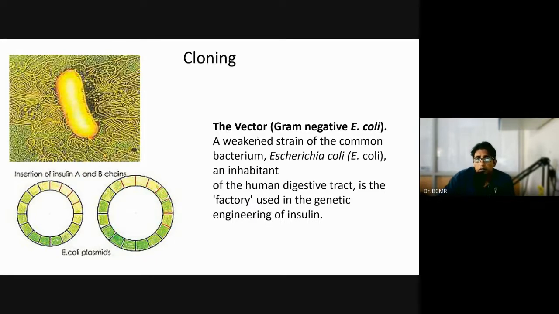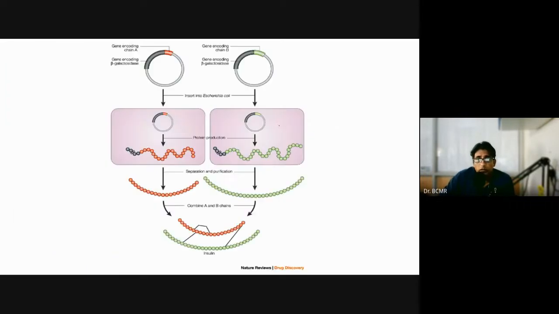Through recombinant DNA technology, we are now in a state where we can produce both these chains, chain A and chain B, and chemically add disulfide bonds and give it to the patient. In the previous days, I think they used to use pig insulin.